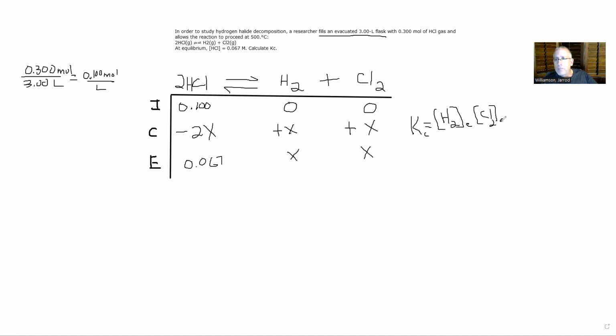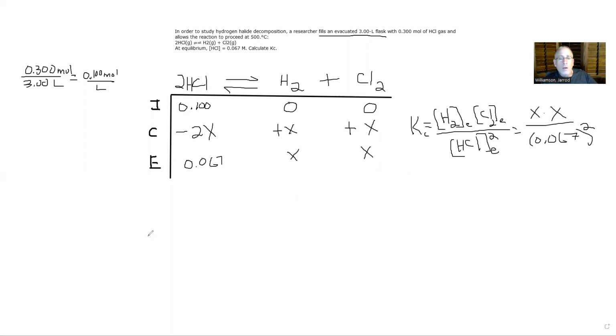Okay, at equilibrium, divided by the HCl concentration at equilibrium squared. And that's going to be equal to x times x times x divided by, and we know the equilibrium concentration here, 0.067 squared.